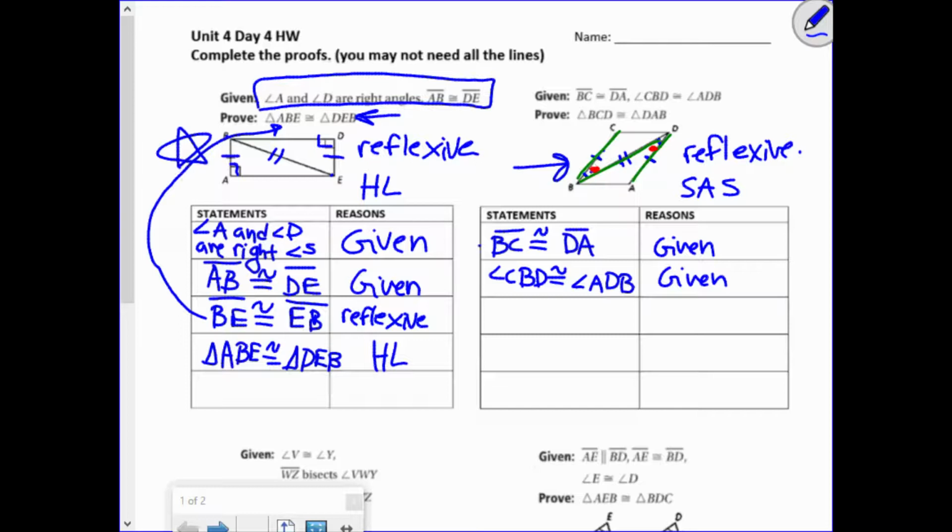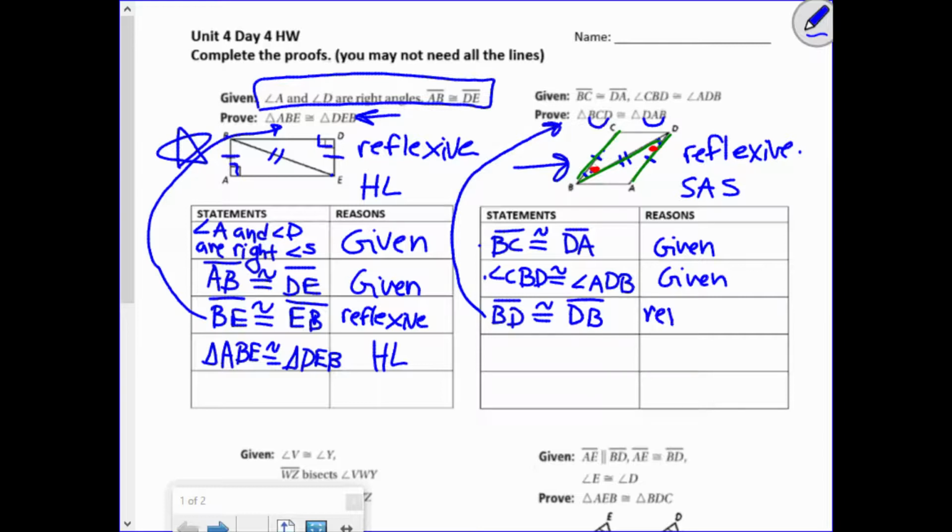So with the 2 pieces of information I already had, I have to add that other piece of information that BD is congruent to itself. So again, I'm going to go ahead and write that down on my next line. And then you can stop and check the way that they ordered the lettering in the name of the triangle. They go BD and then DB. They did switch the order.